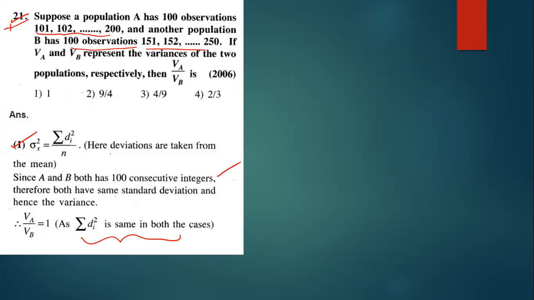That's why VA by VB is equal to 1. Both are having the same 100 consecutive integers, and their sigma d square is also the same. Find the average, you can get the idea. The deviations are taken from the same means. That's why VA by VB is always 1.